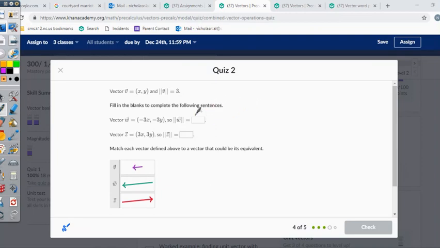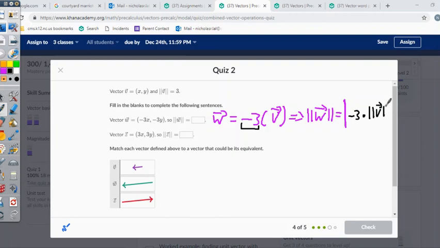So if vector W is equal to negative 3 times vector V, the magnitude of vector W is equal to the absolute value of our scalar, negative 3, times the magnitude of vector V, which means it's going to be equal to the absolute value of negative 3 times positive 3.